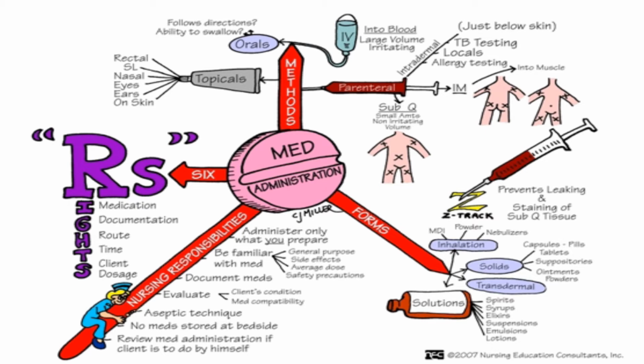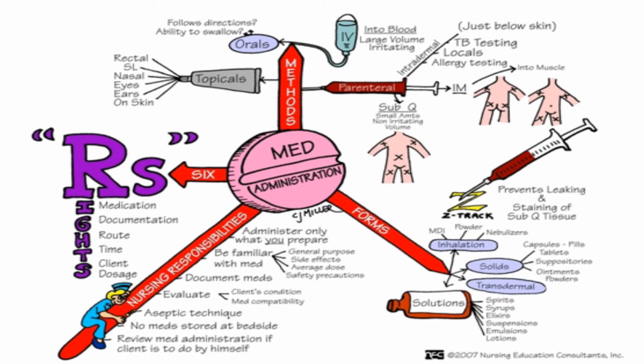Intradermal is just below the skin, and that's how we can do TB testing. Y'all know about that already, or will know about it. Your local anesthetics can be done that way, like if somebody's got a laceration and they have to have stitches, then they will do local anesthetics that way. Or allergy testing is done that way as well. And then we also have the IM injections, and that goes into the muscle, intramuscular.